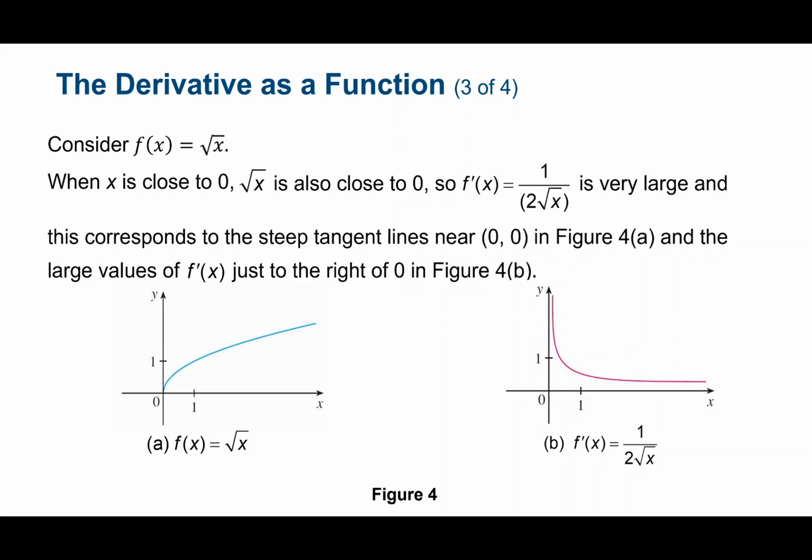And then as our graph moves to the right, our tangent line slope is going to get smaller and smaller, and it's going to get closer to 0, not quite 0, because this thing's not going to go completely horizontal, but our slope's going to get smaller and smaller, and that's what happens with our derivative. Like we have some asymptotic behavior here at the x-axis. So large positive slope close to 0. That's large positive values here. And then small positive slope close to 0 as we go toward infinity.